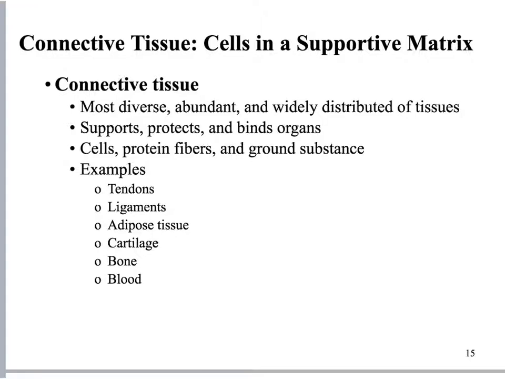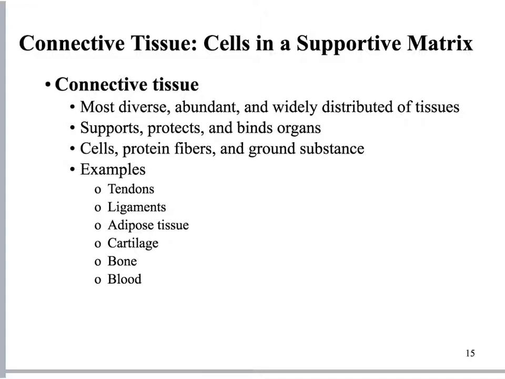They are not necessarily connected the way epithelial tissue is. And then the third thing that all connective tissue has is some type of fiber. At some point, there is a protein fiber present in the tissue that gives it its strength and helps it support.